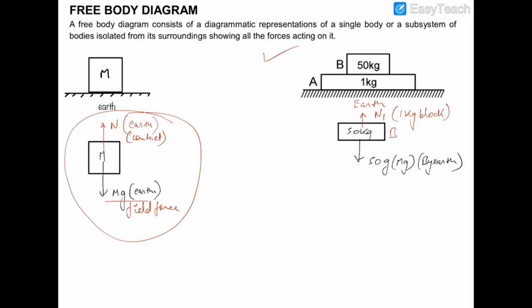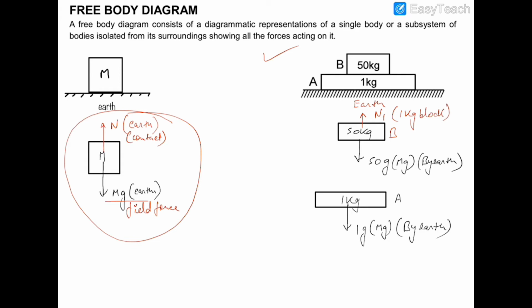And now if I draw the free body diagram of block A, for block A, 1 kg is its mass, and mg is acting downwards, which is 1g, and it is applied by earth.